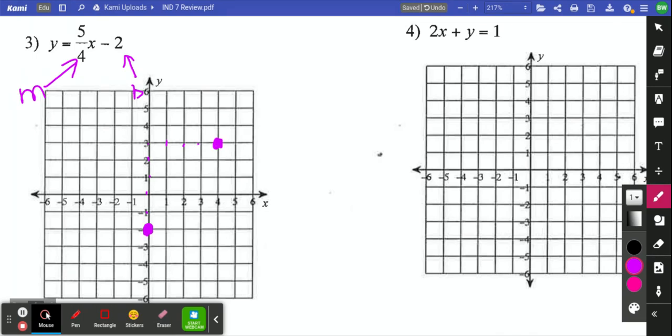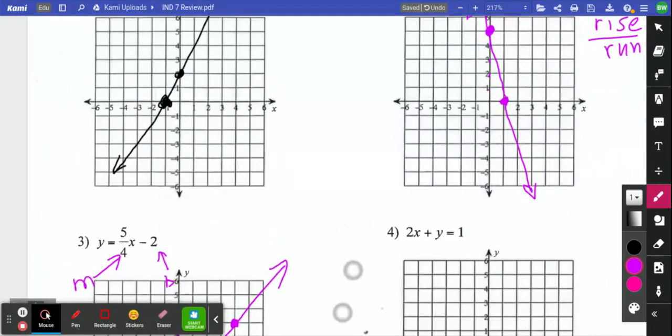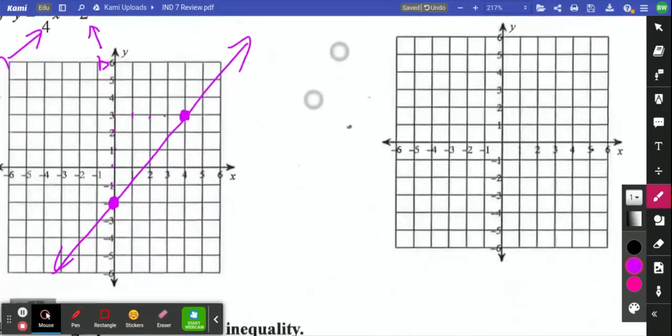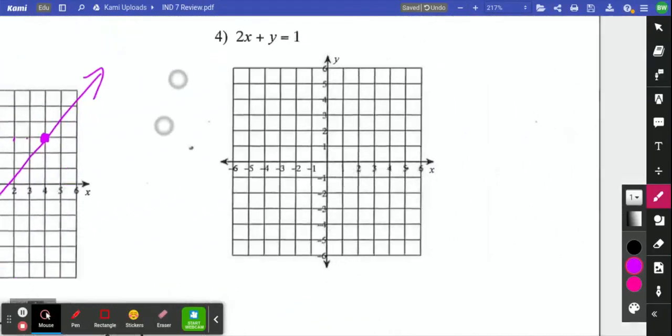And now we make that line. Okay, so that's that one. Just wanted to check something. Okay, yep, got those. So now let's go over to this one.